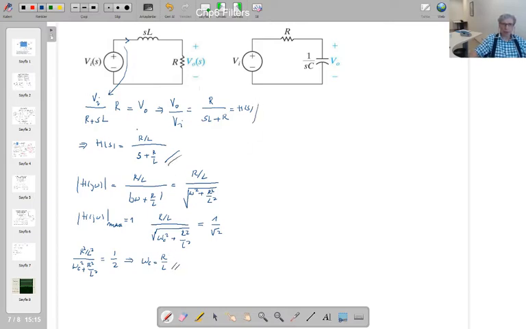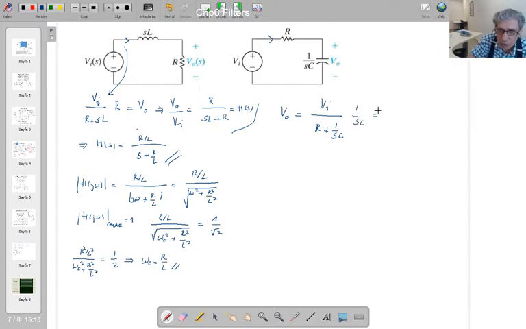Now similarly, if you come to this one, the output V0 is equal to Vi over... these are connected in series, R plus 1 over SC is this current, isn't it? This current is equal to the capacitor current. If I multiply this current with this impedance, I get this voltage V0, so 1 over SC.